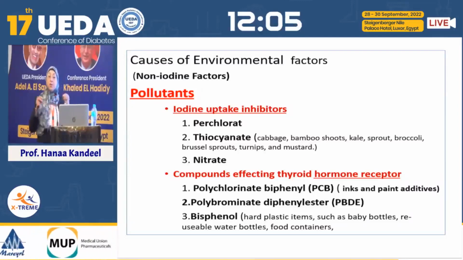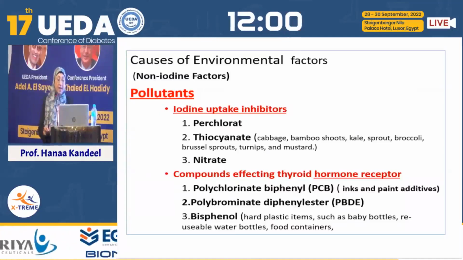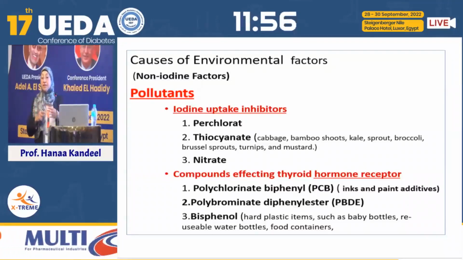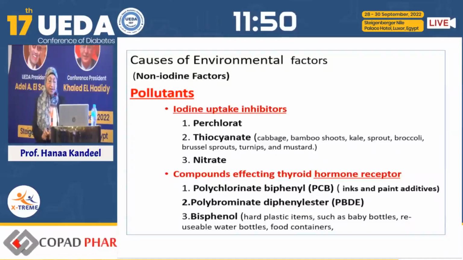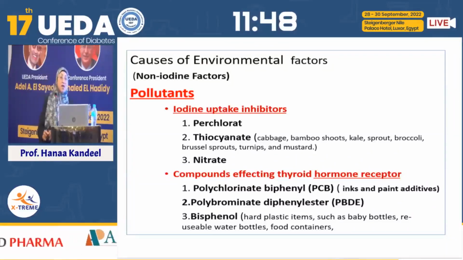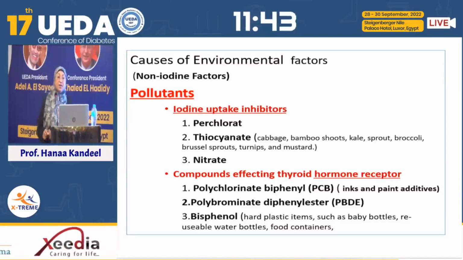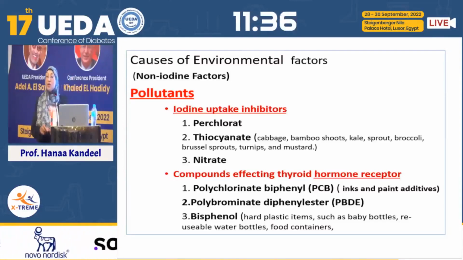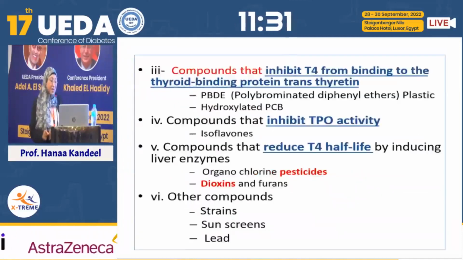All these problems are present in pollutants in our community, like perchlorate and thiocyanate, which are present in pesticides, in plastic, in a lot of things, in the soil, and in some of the fertilizers we use in agriculture. All these substances lead to an epigenetic factor which stimulates the gene and leads to multinodular goiter.